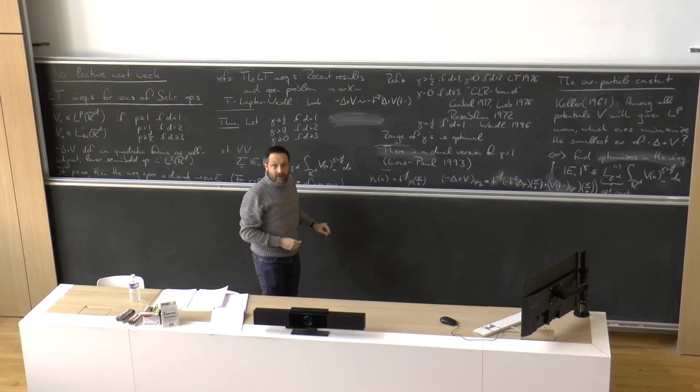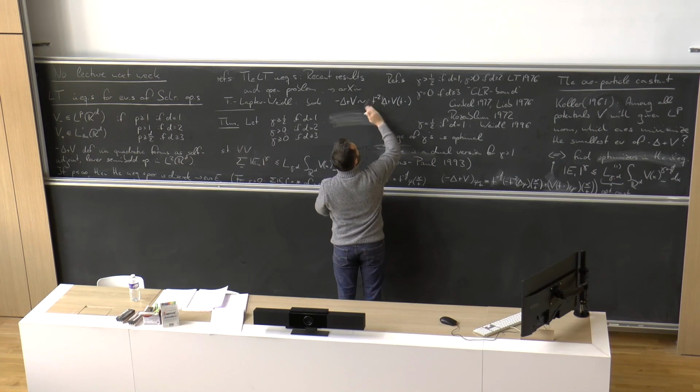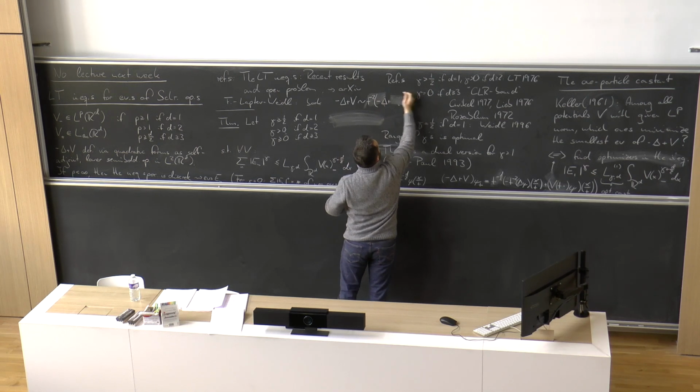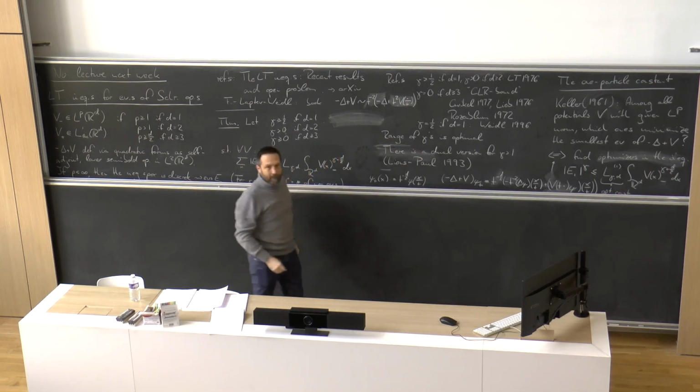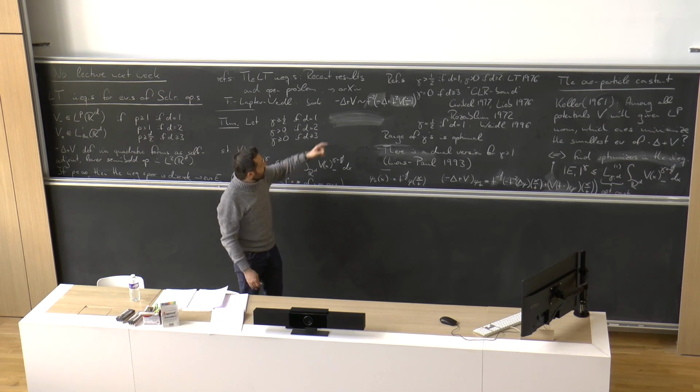I can even rewrite it differently. Let me put the t to the minus 2 out, and then I have t squared v of dot over t. So that is the scaling that I make.